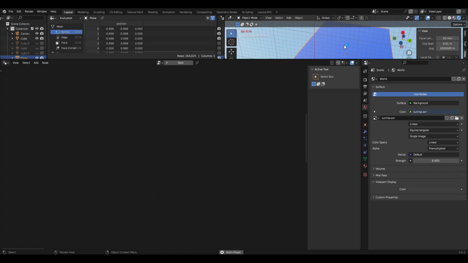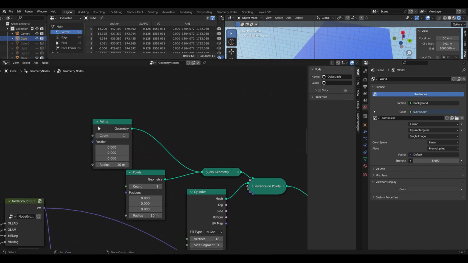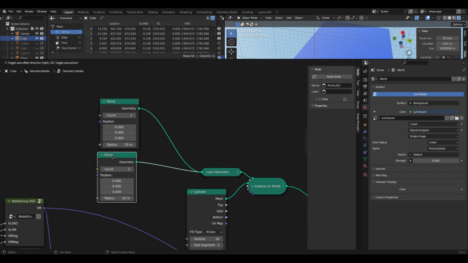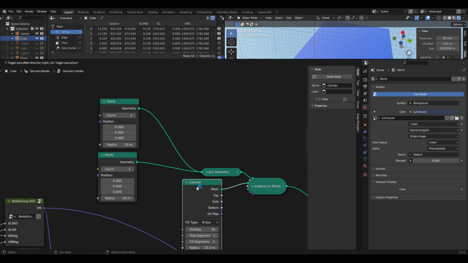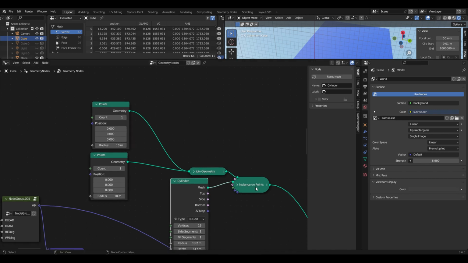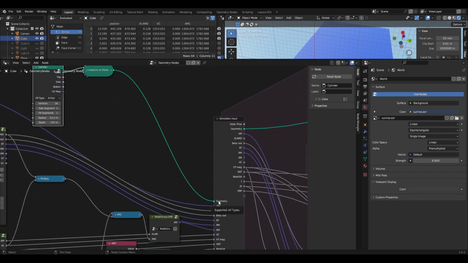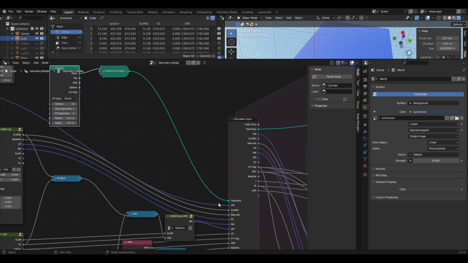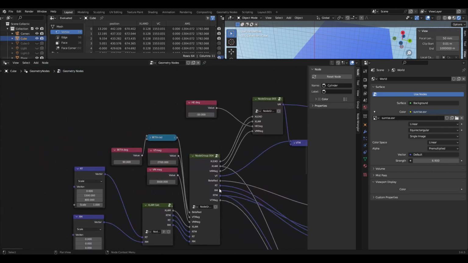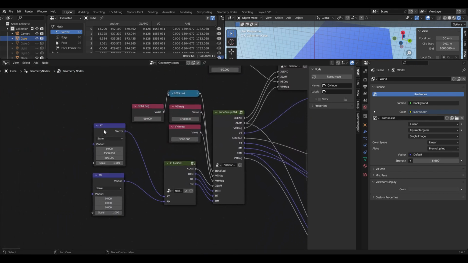The geometry is just 2 points that are joined, and then on each of those points I do an instance on points for a cylinder, and those are the two objects that I have, a target and then another object that's homing in on it.